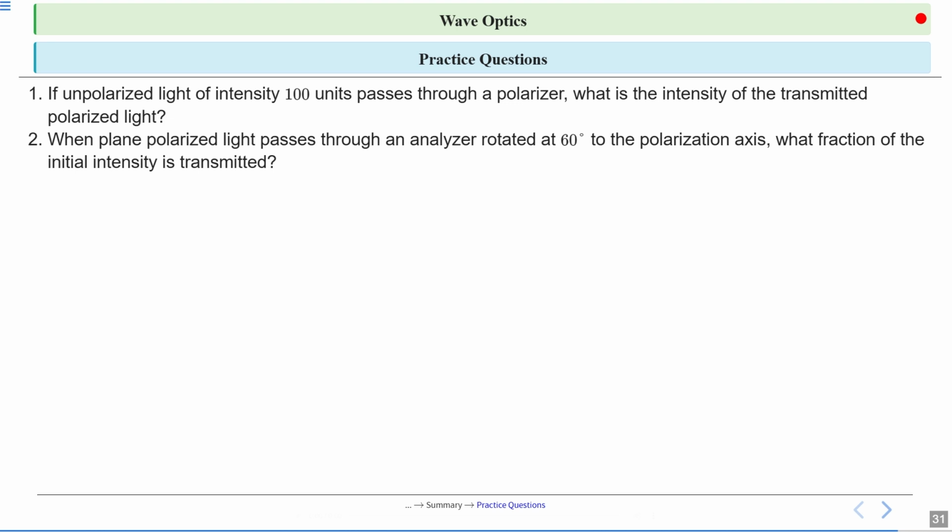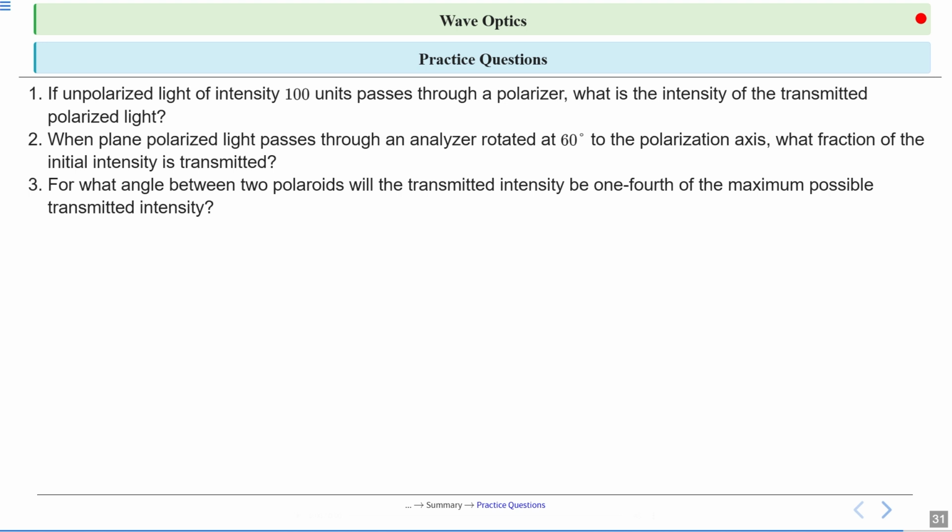What is the intensity of the transmitted polarized light? What happens when plane polarized light encounters an analyzer rotated at 60 degrees to the polarization axis? We need to determine the fraction of initial intensity that gets through. This involves understanding Malus law, which states that transmitted intensity I equals I naught cos square theta.